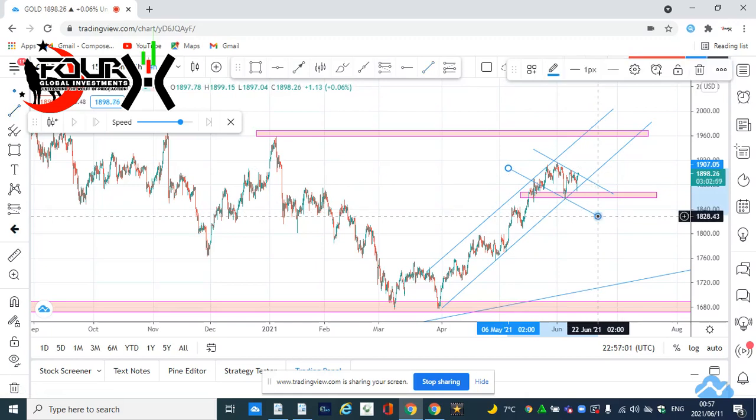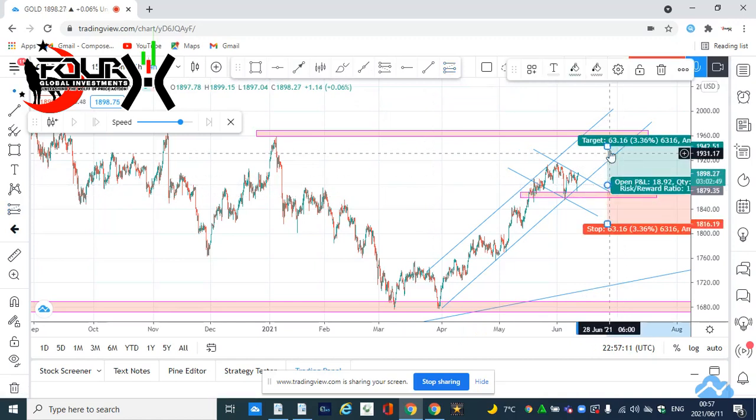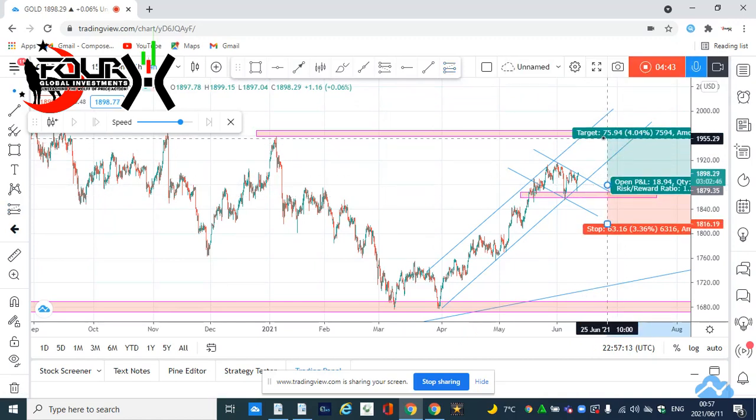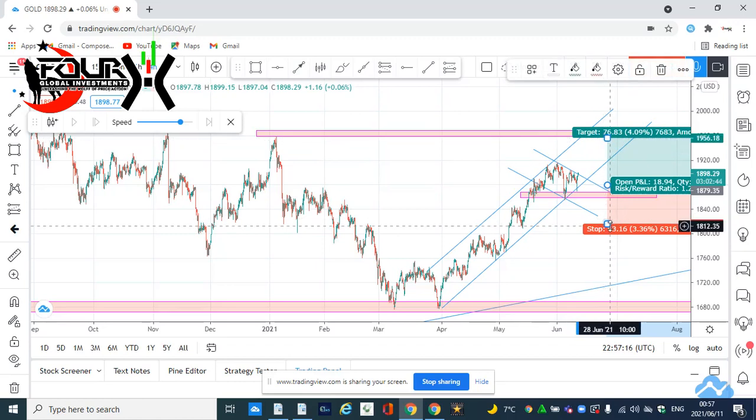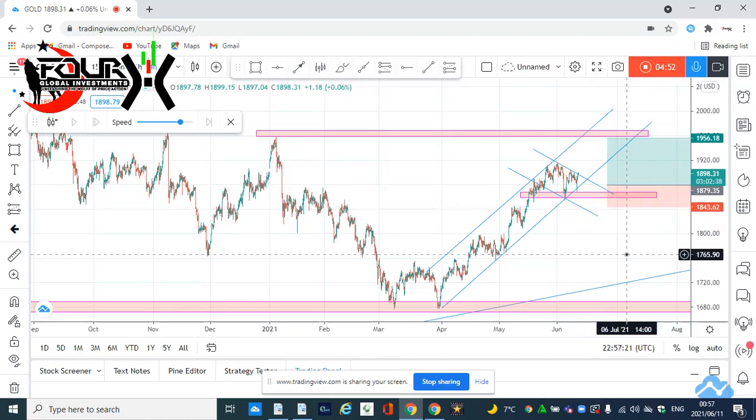So what are we waiting for? We're waiting for it to break out of this structure, come back and retest, and then we're able to make an entry somewhere at this level to reach this target. So we'll put it at this level. This is what we're waiting to see.